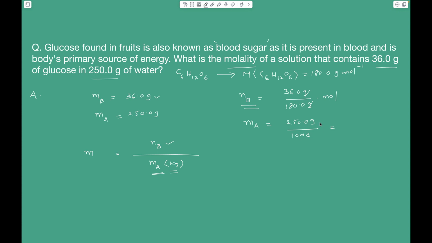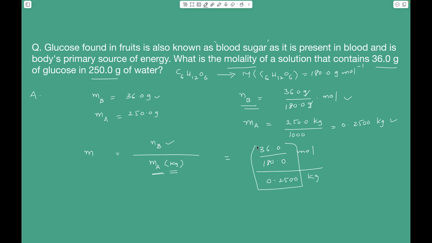That would be 0.2500 kilograms. So substitute these two values in this expression. So it would be 36.0 over 180 mole over 0.2500 kilograms.